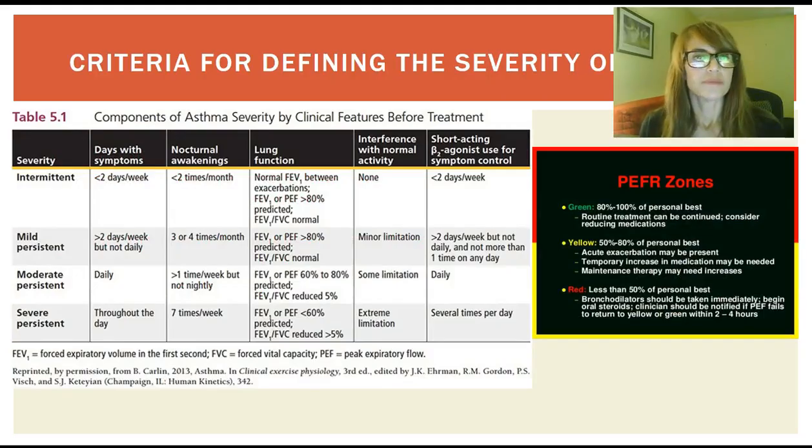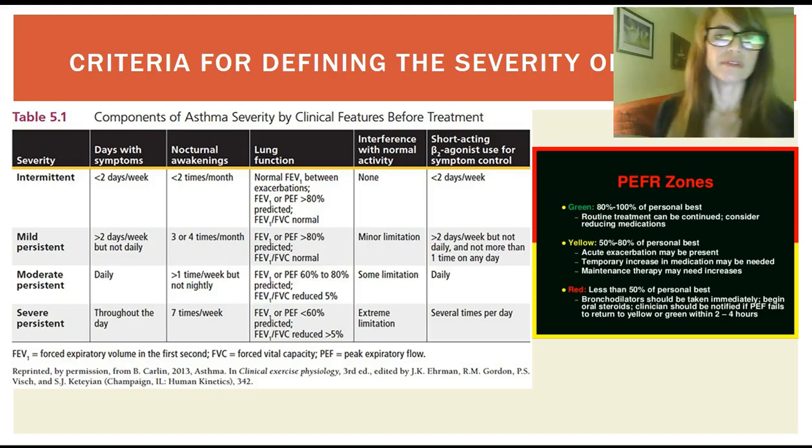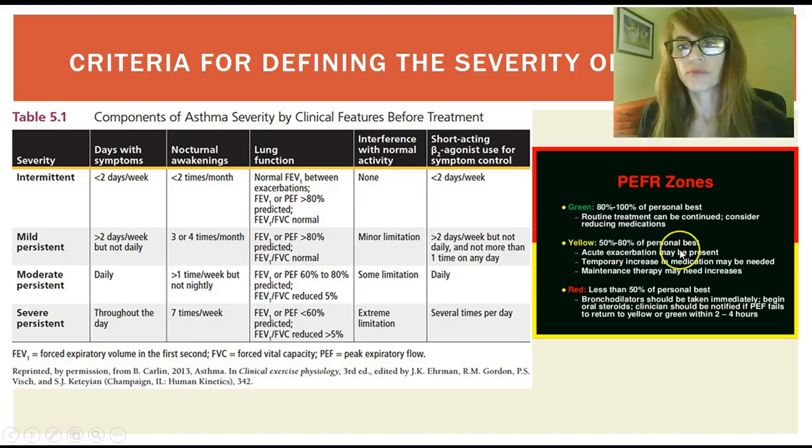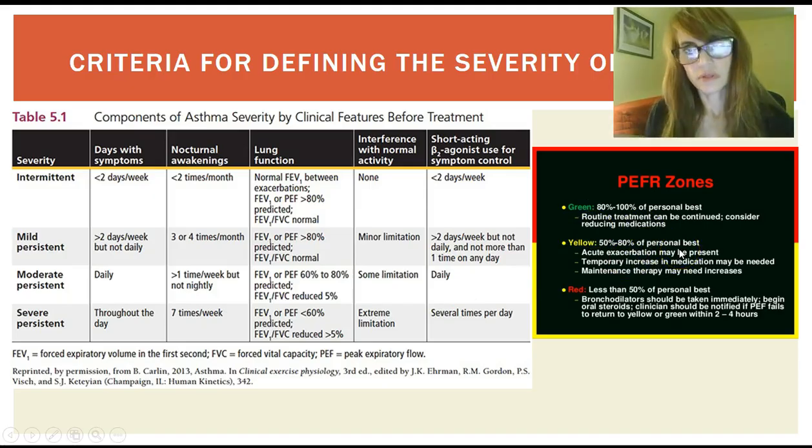So, criteria for defining the severity of asthma depends on how many incidents you have. And so, obviously, if you look at this chart, the more often it happens, and the more severely you're limited, the more serious it is. This is from the spirometer, the thing you breathe into.